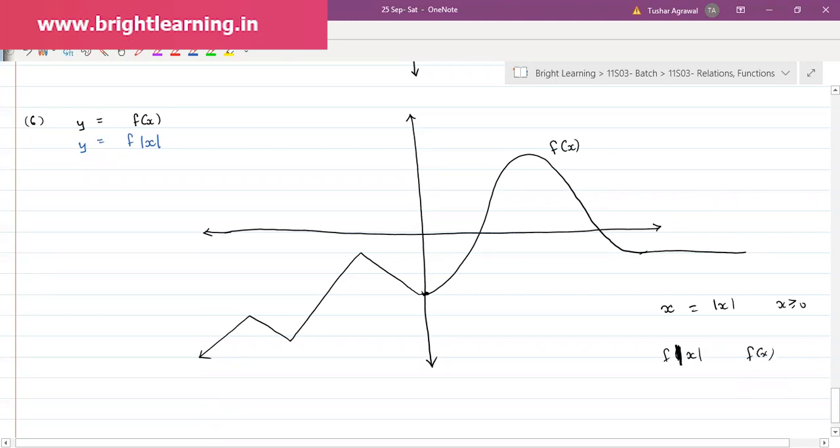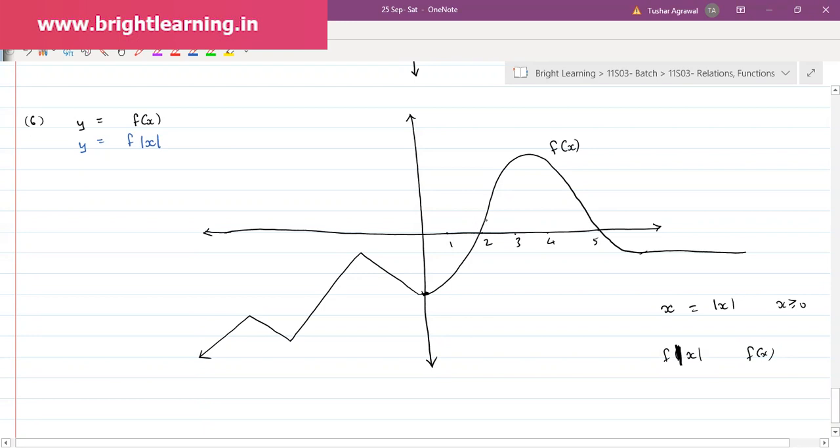So if I tell you for x equal to 1, x equal to 2, x equal to 3, if I want to plot the blue images, for x equal to 1, f of modulus 1 is what, sir? It is f of 1 only. F of modulus 2 is what, sir? It is f of 2 only.